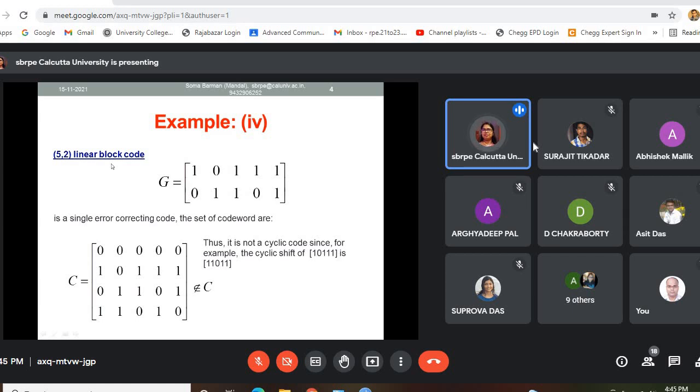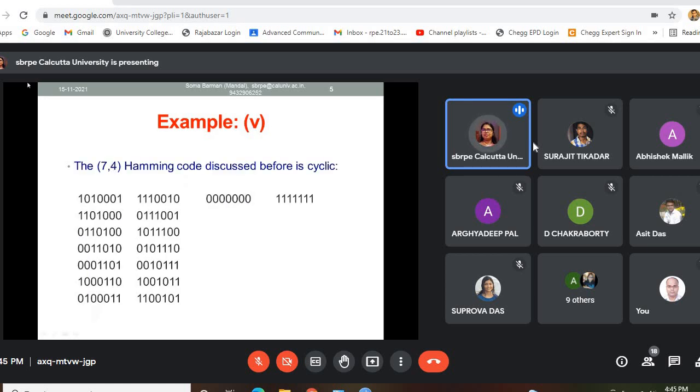So that means you can say all block codes are not cyclic codes. That's why it is called a subclass of the block code. So it satisfies the properties of the block code, but it has its own property, that is either the right circular shift property or the left circular shift property. Any one of these circular shift properties should be satisfied.